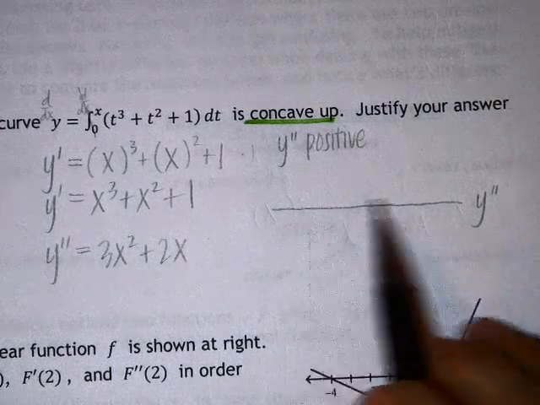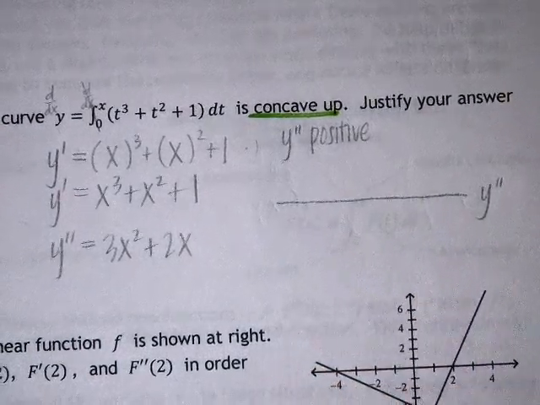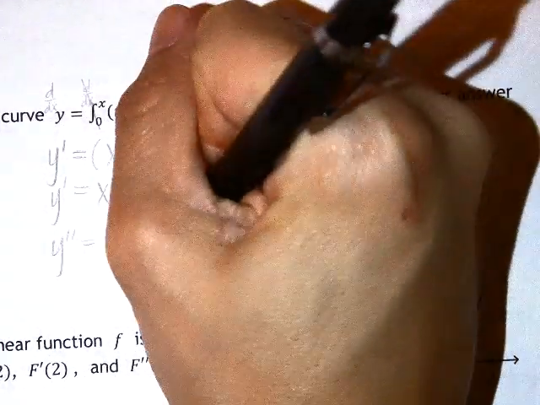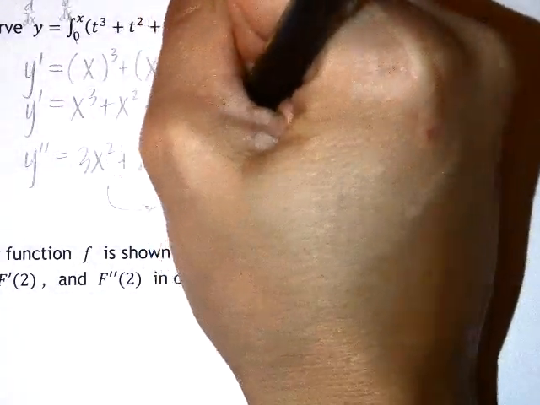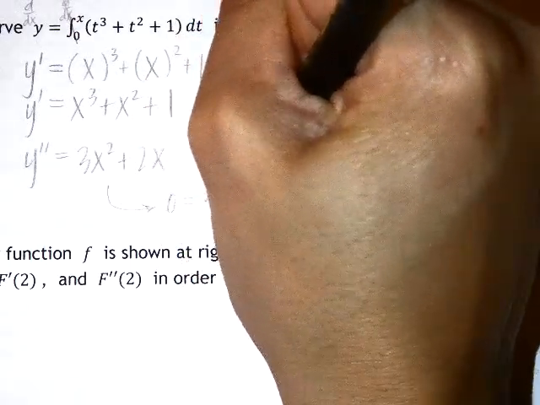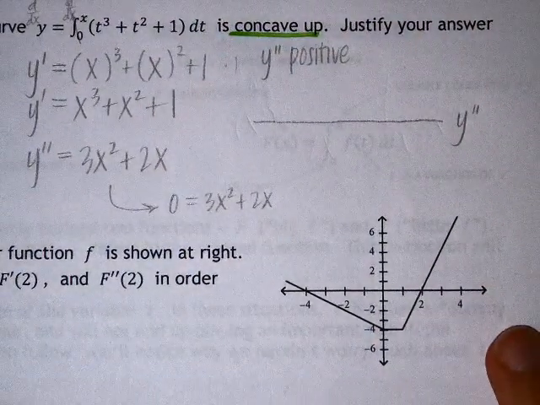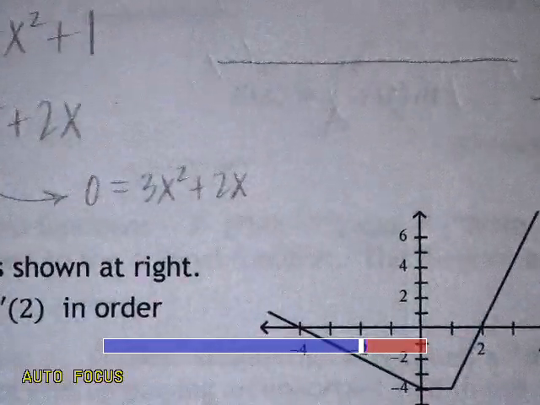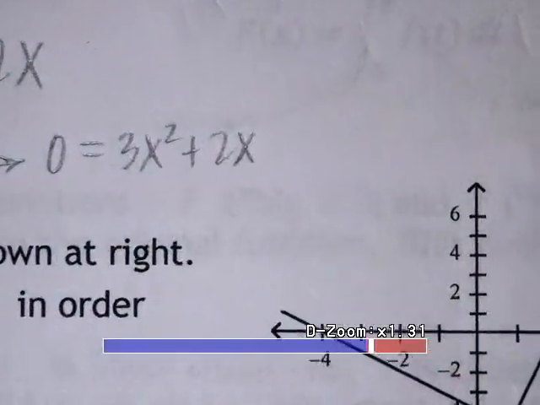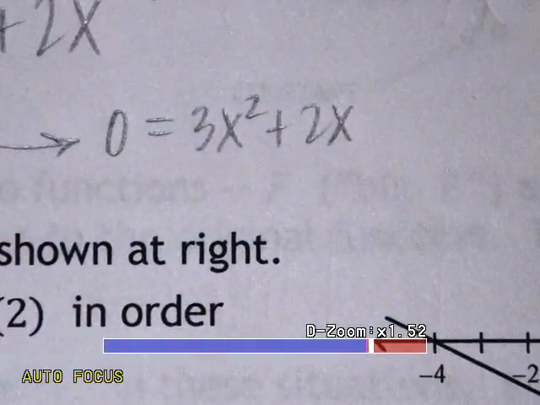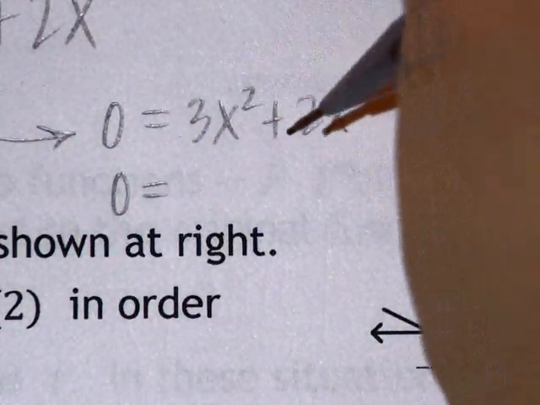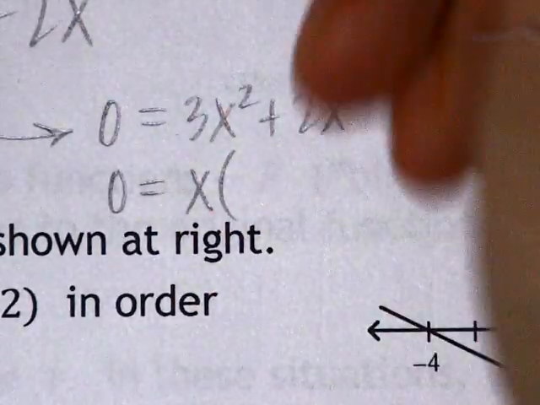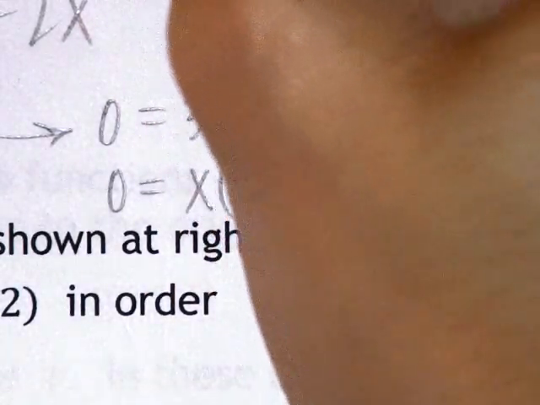So first thing when we make a line chart, we need to find its zeros. So I need to take my y double prime equation and set it equal to 0 in order to solve. So I have 0 equals 3x squared plus 2x. Algebraically, I'll need to think for a second about the easiest way to solve that. Of course, you can use a calculator if you want to, but algebraically it does seem that the easiest way is to factor out an x in common, leaving us with x times 3x plus 2.